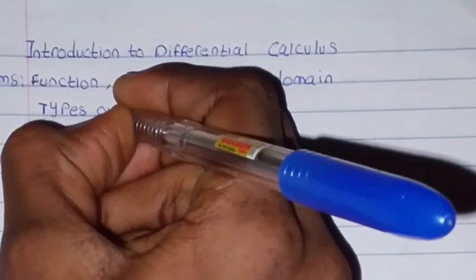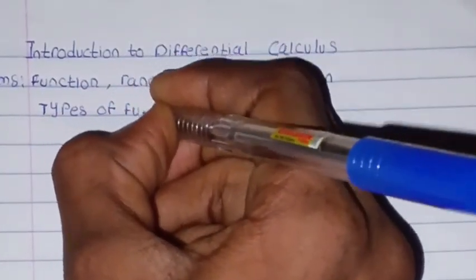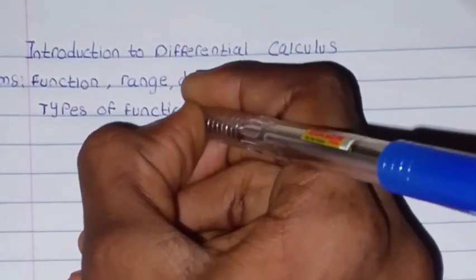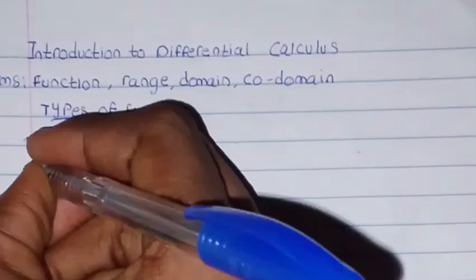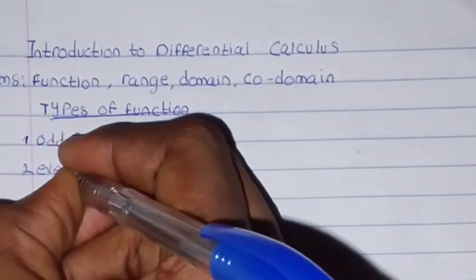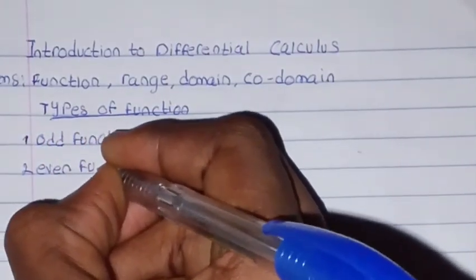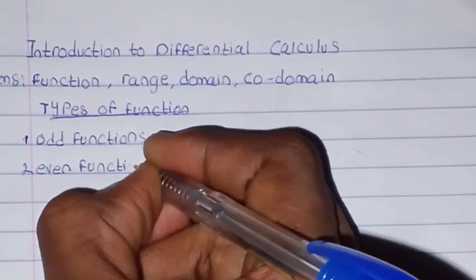Then we'll go to the types of function. Types of functions are where you have odd functions. Alright, we have even functions. So what does it mean when we say a function is odd?